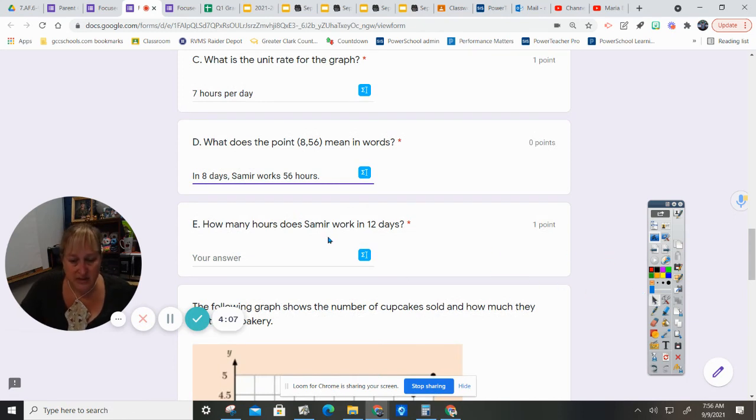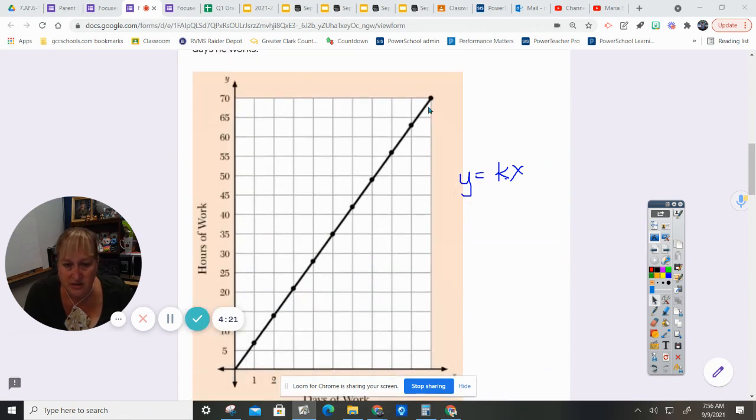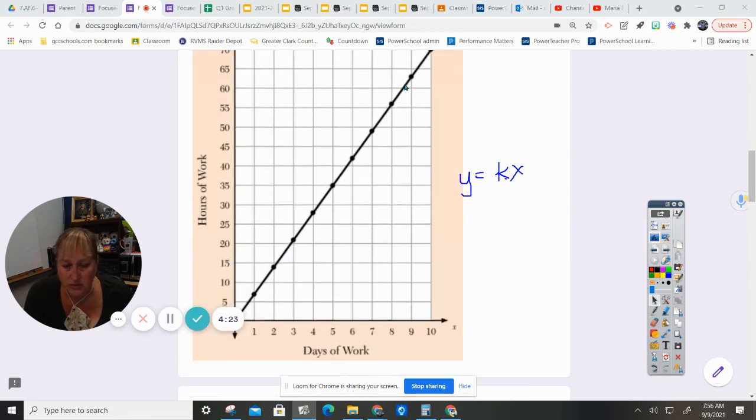So this one is, how many hours does Samir work in 12 days? So we have y equals k times x. That makes that entire line. And so if I were up here, it does not go to that many days.